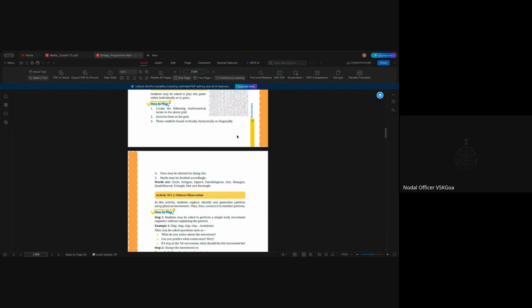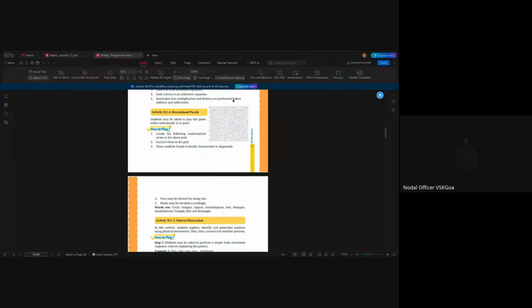So you could see in the grid, and very easily you can highlight. You see the first row, you can see the square, right? Then you can see third row, you can see the hexagon, right? And then you could see the second row, you could see octagon. So it's very simple to play.